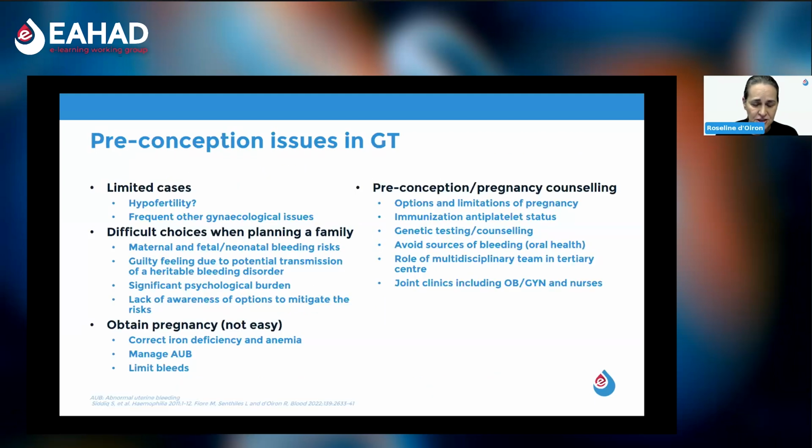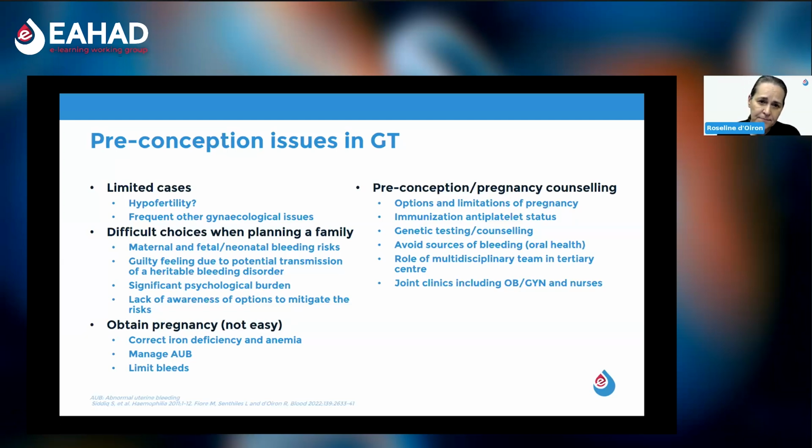It has been suggested that maybe women with GT could have a hypofertility that could explain this low number of pregnancies. However, they may have the ability to conceive, and it does not seem that, contrary to afibrinogenemia or factor 13 deficiency, it is a real difficulty.